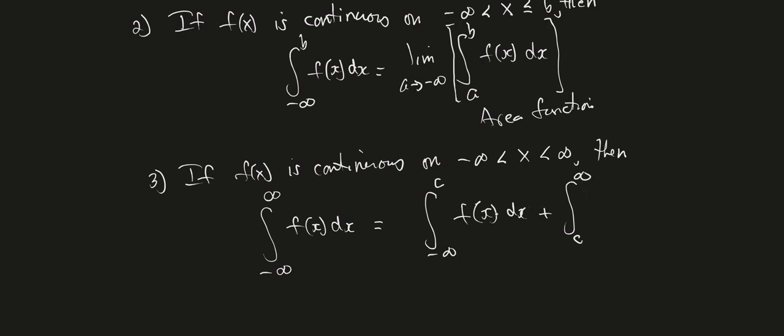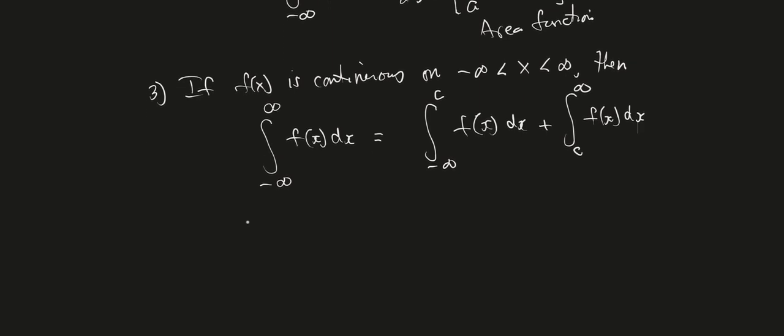So we're splitting it up, and we then apply our definitions from the first two cases, right? So this one looks like the number 2 definition, and this one looks like the number 1 definition, right? So I'm not going to restate it, but that's how we would handle when both upper and lower limits are infinite, right?